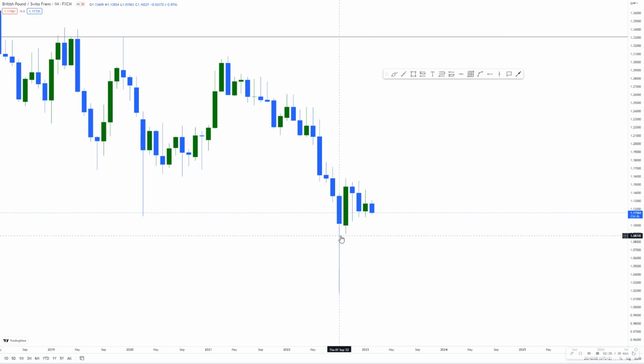But currently, as you can see, we have this high being taken out by this huge bullish momentum, which the following month retraced almost 50%, like 61.8%. I'm going to take the Fibonacci scale here. This was almost the full retracement on that pair, on this bullish momentum.